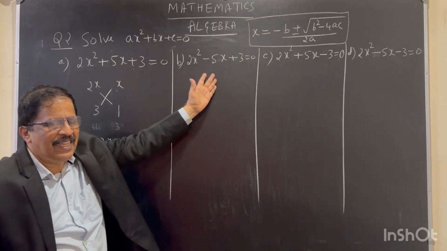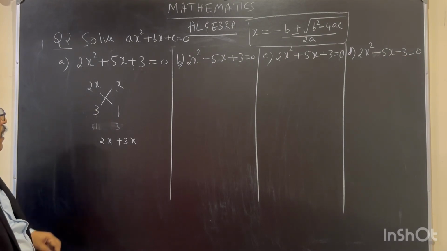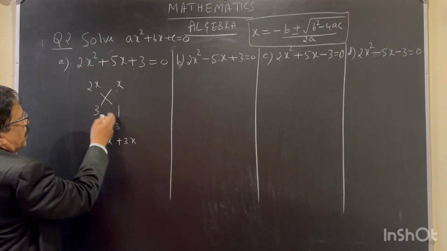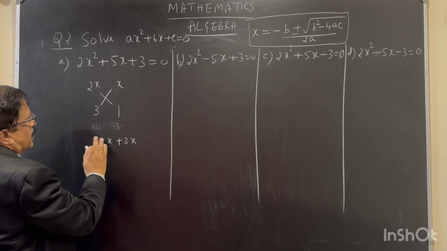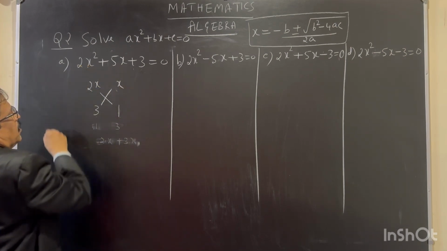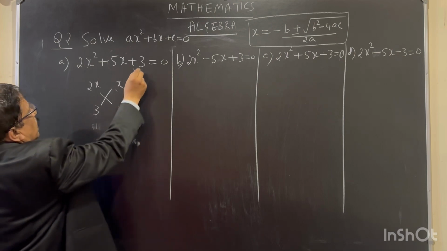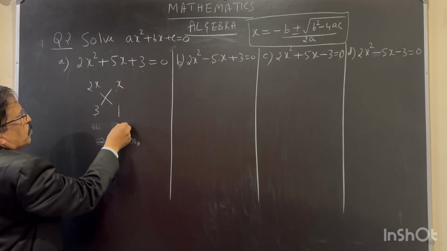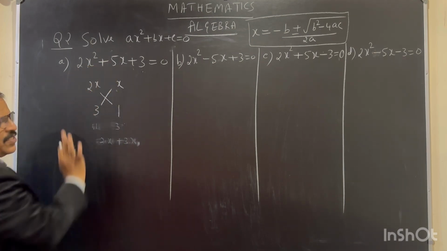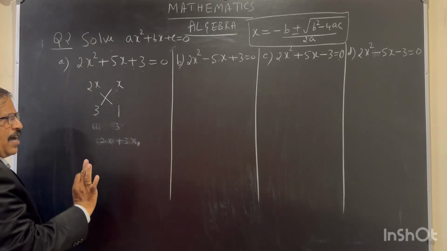Let us see in this question. Now, I write 3 into 1. So, that 2x plus 3x is equal to 5x. So, this into this is equal to this much, 2x square. 3 into 1 is equal to 3. This cross multiplication, 2x plus 3x is equal to 5x. So, I am through.